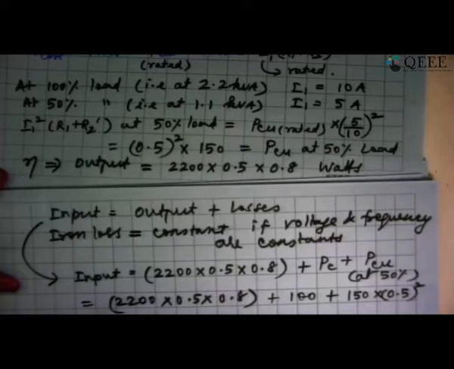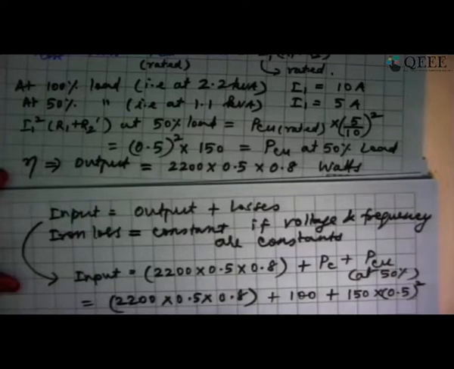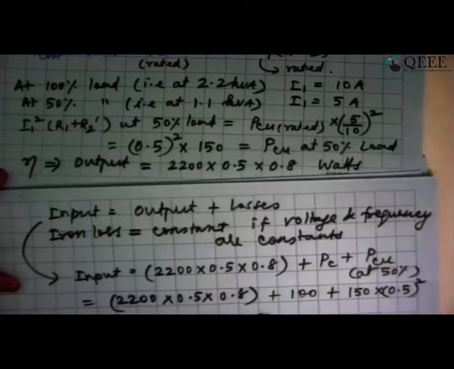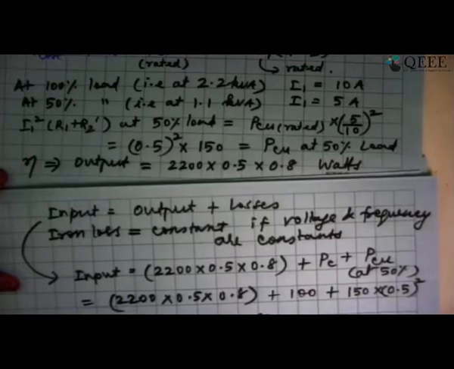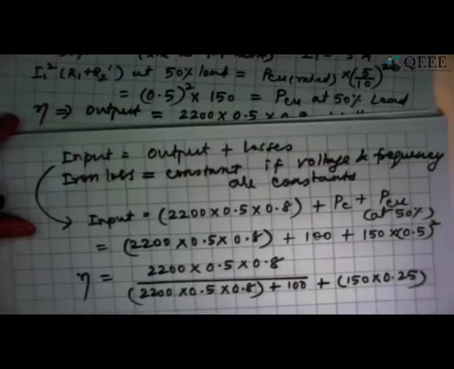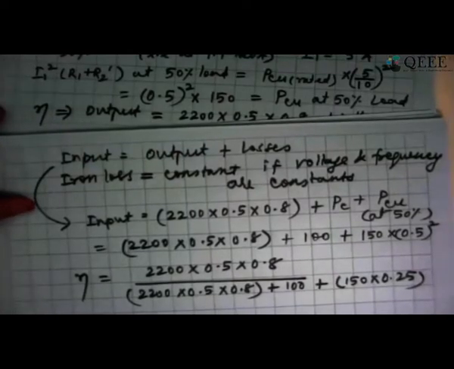So efficiency will be 2200 multiplied by 0.5 multiplied by 0.8, divided by 2200 multiplied by 0.5 multiplied by 0.8, plus 100, plus 150 into 0.25. This is going to be the efficiency overall, right?